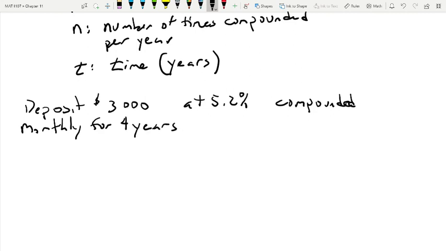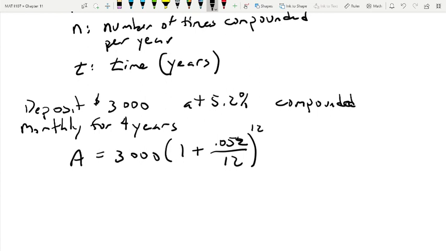And so A is going to be 3,000 times 1 plus 0.052 over 12, right? Over 12, raised to the 12 times 4.